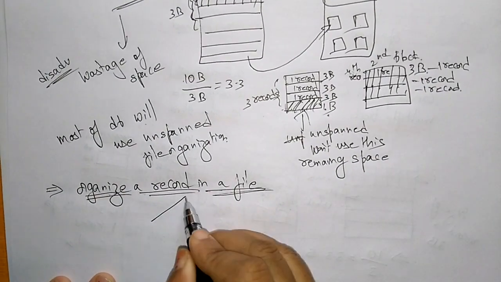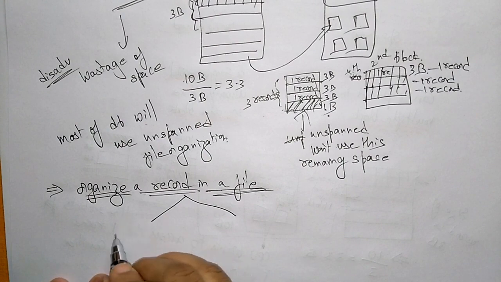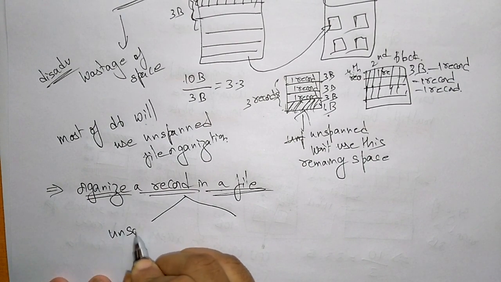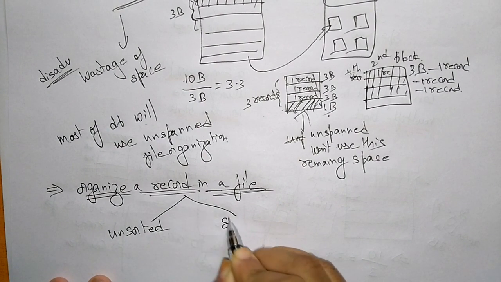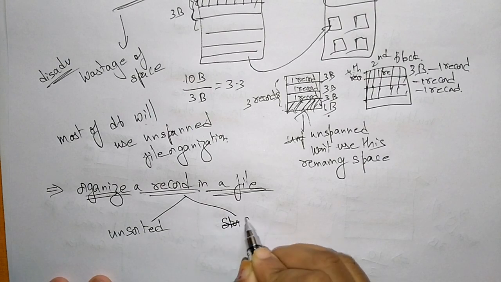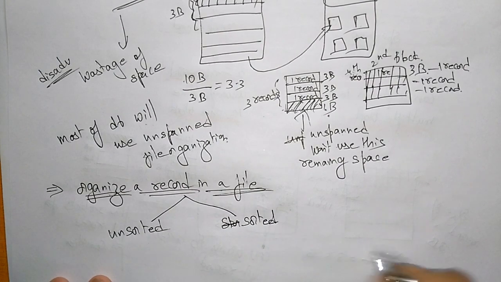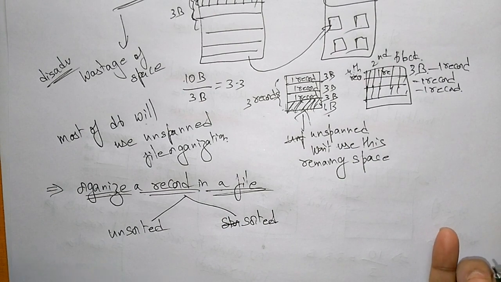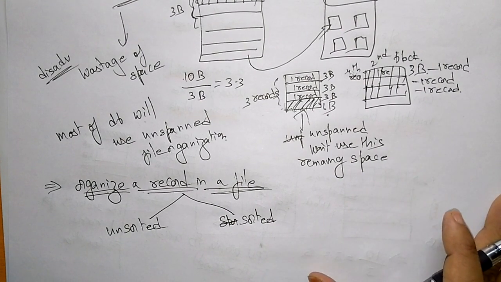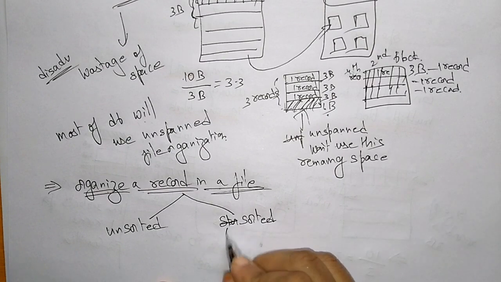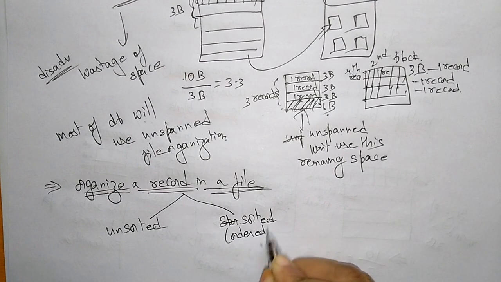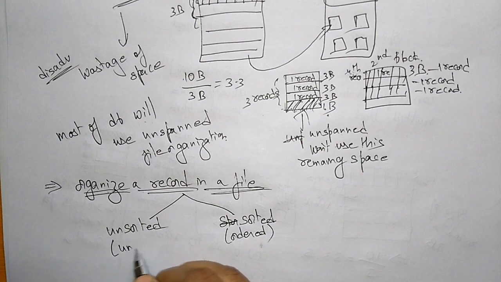So the records can be organized in a file in two ways: unsorted and sorted. So a record can be saved in a file in a sorted manner or in an unsorted manner. Okay, sorted means ordered, unsorted means unordered.